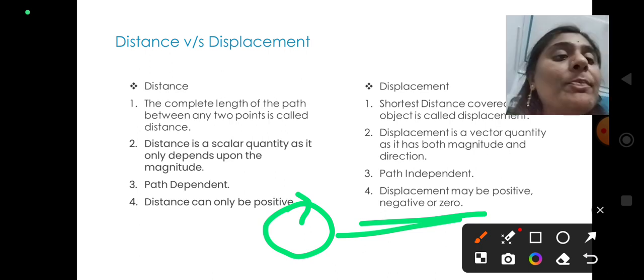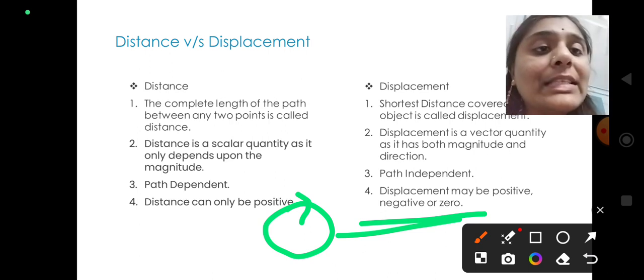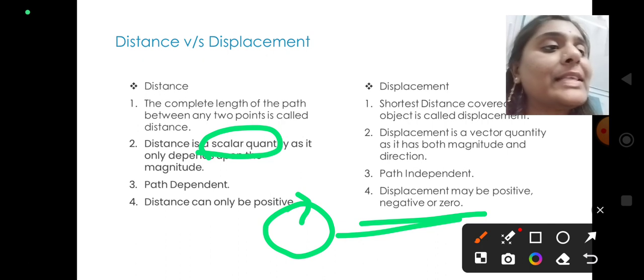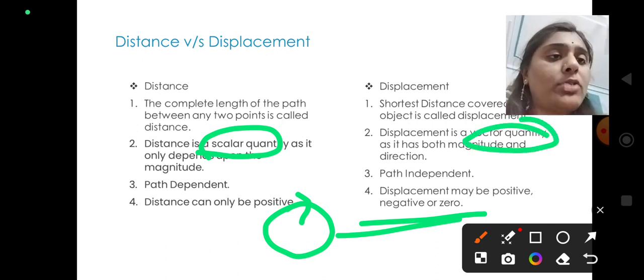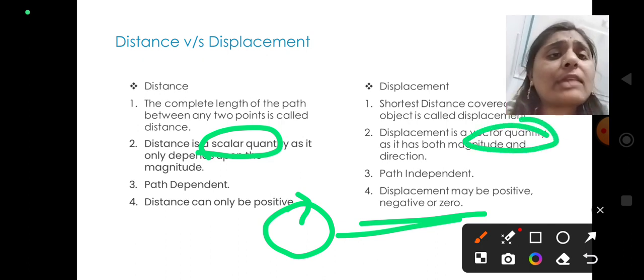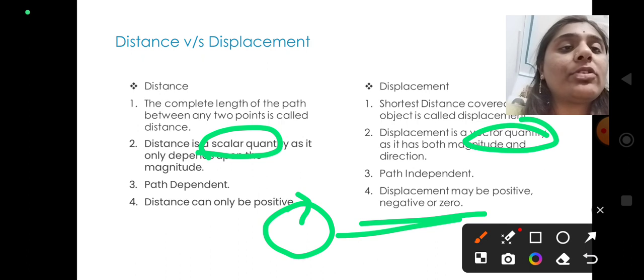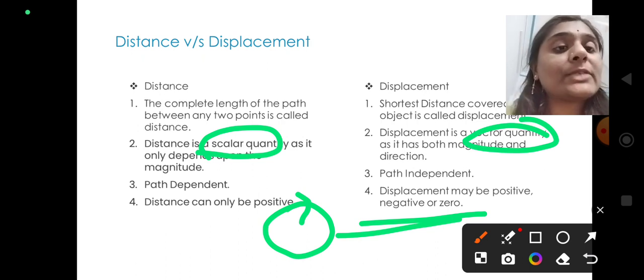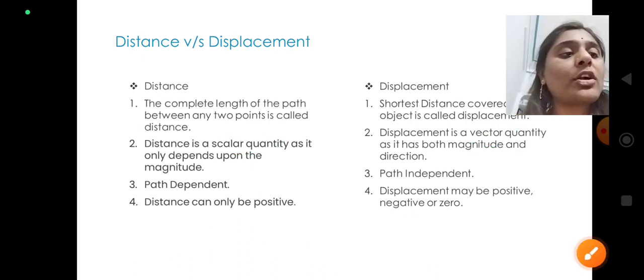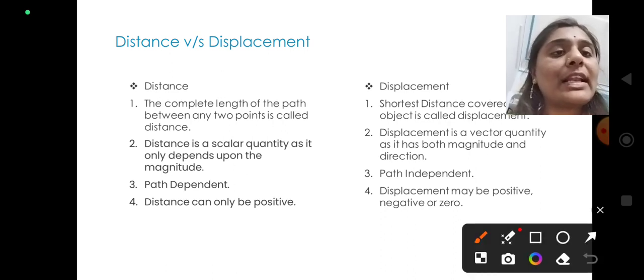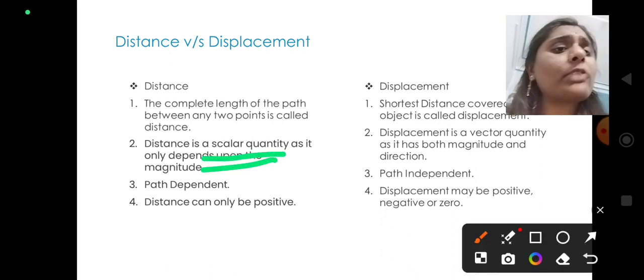Here one point I have left, a very important point, that is scalar quantity and vector quantity. What is meant by scalar quantity and vector quantity? Here directly I will explain, and in the next video I will explain more about scalar and vector quantities. With that explanation we will learn about the difference between speed and displacement also. Let us see the short definition. Scalar quantity means what?